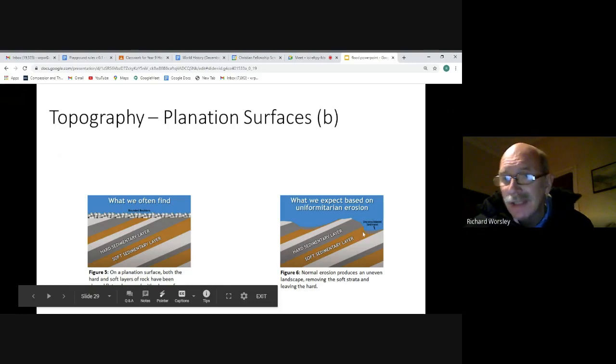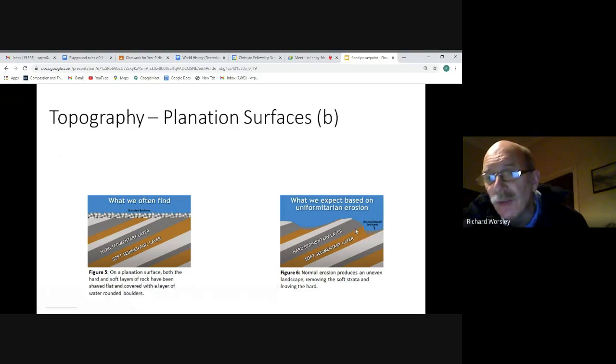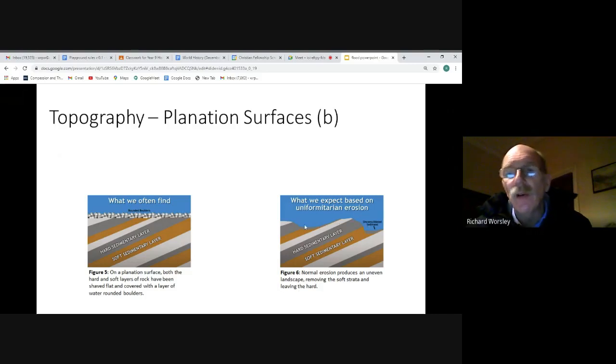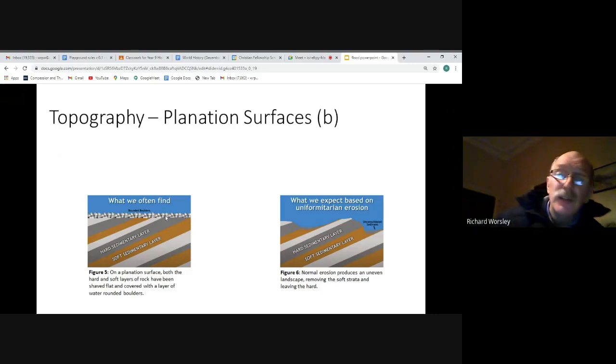And you might expect to see sediment from the broken up hard layers sitting at the, as I say, the valley section of the soft layers. So this is the type of landscape you would expect over a long period of time. But what we actually see in our planation surfaces is something much more like this, which is much more consistent with a worldwide flood.